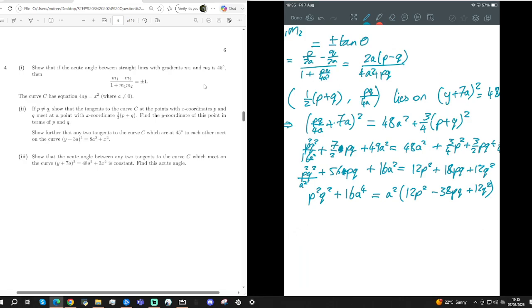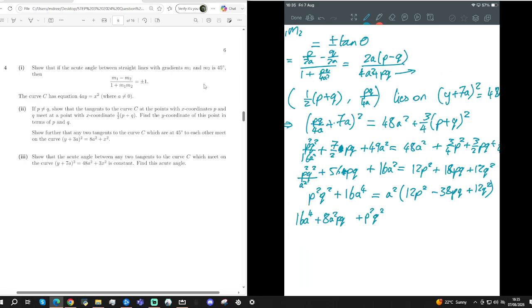This left-hand side, I want it to be the 4a squared times p squared plus q squared. But if I did square that thing, I would want an 8a squared pq in the middle.